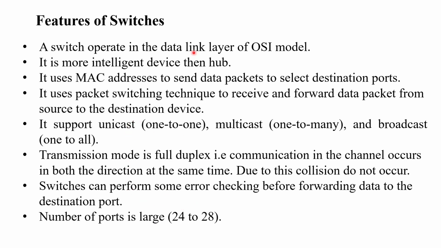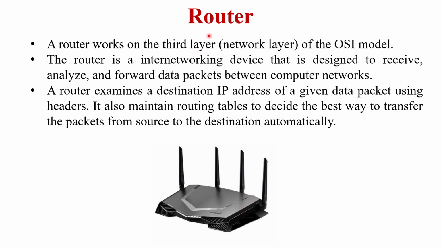Now we move on to the next internetworking device, that is called router. Router is smarter and more complicated of the three. A router works on the third layer of the OSI model, that is called the network layer. So we can say that router is a network layer device. The router is an internetworking device that is designed to receive, analyze and forward data packets between computer networks.